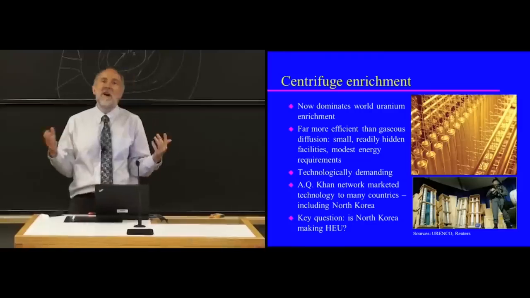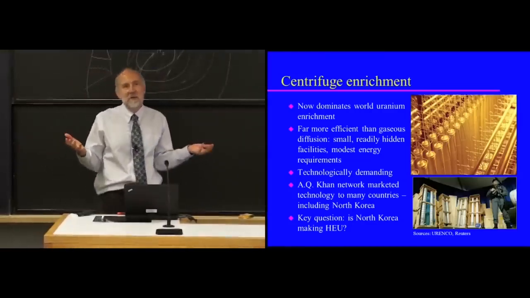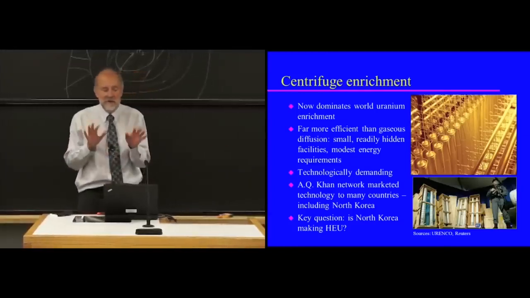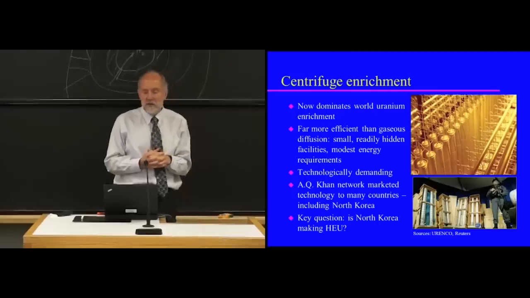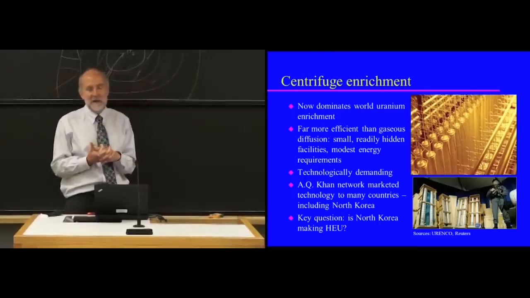So there are a lot of buildings in any country that could easily be a centrifuge plant, for all you know, when you're looking at it from, for example, a satellite photograph. So it's a problematic technology in that respect.